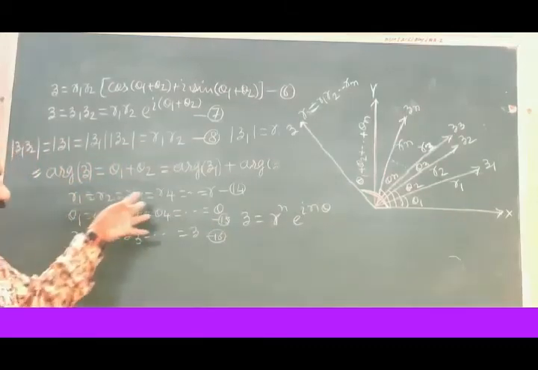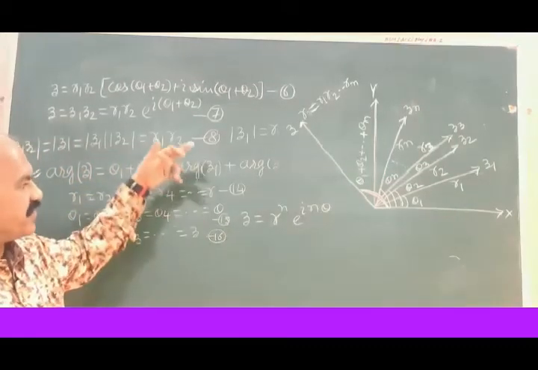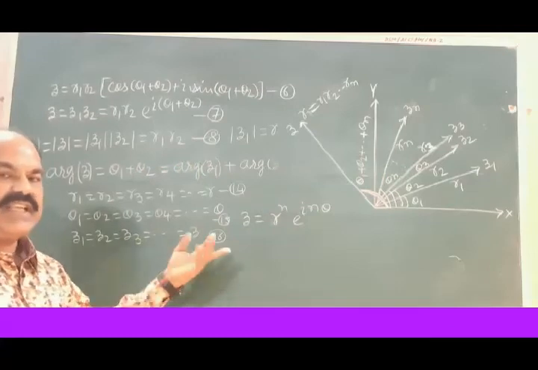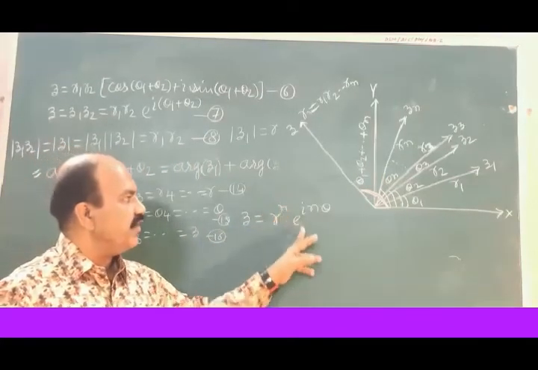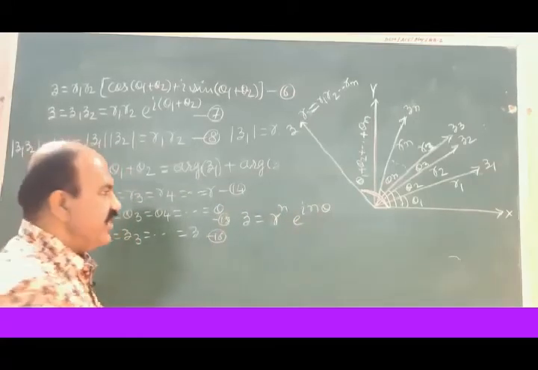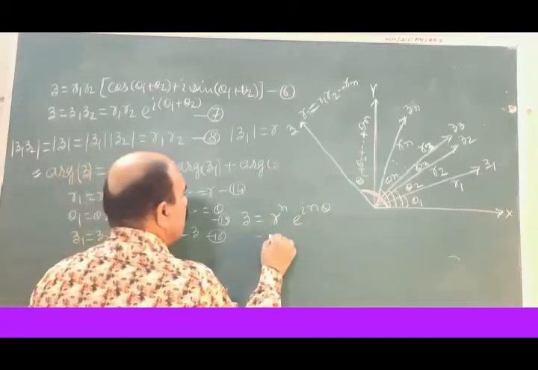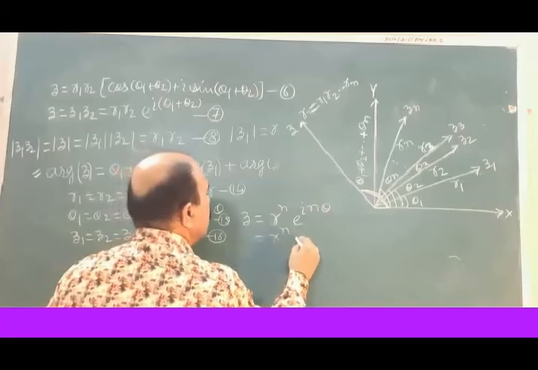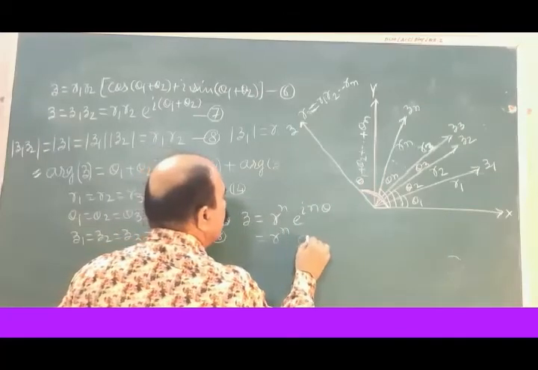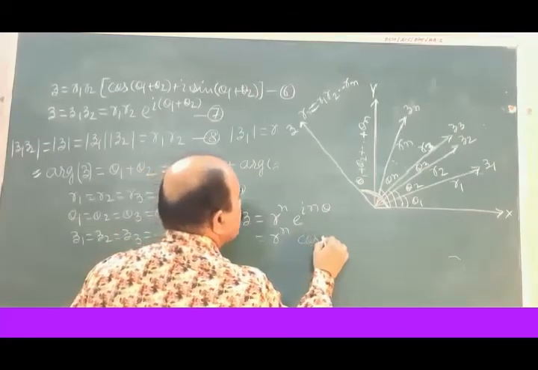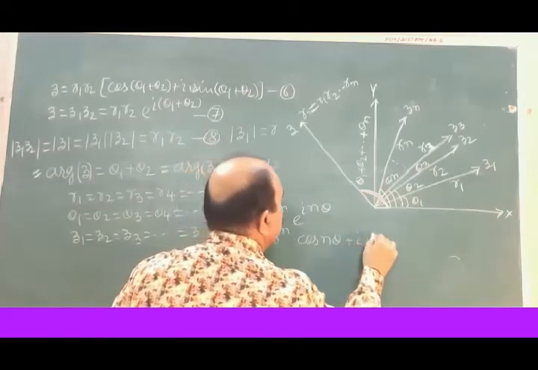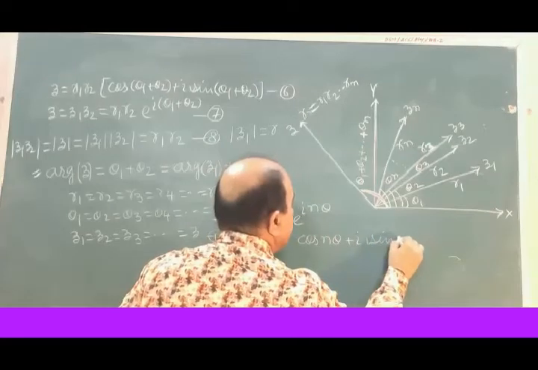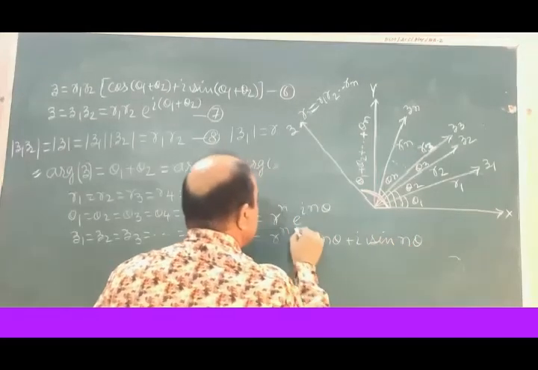If we apply these assumptions made in equations 14, 15, 16, equation 11 can be written as Z is equal to R to the power n into e to the power i n theta, that is nothing but R to the power n into cos n theta plus i sin n theta.